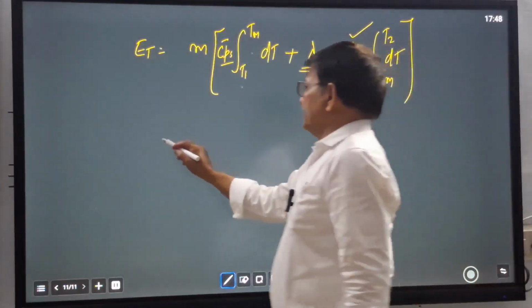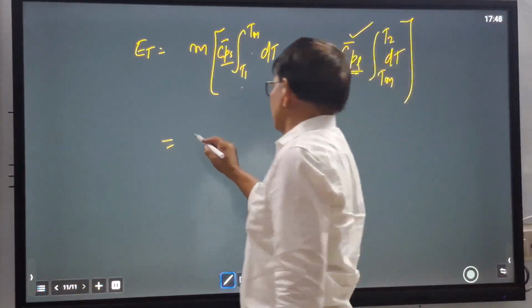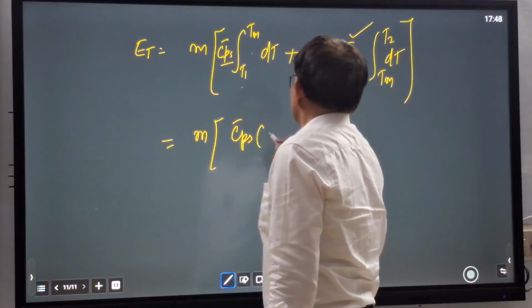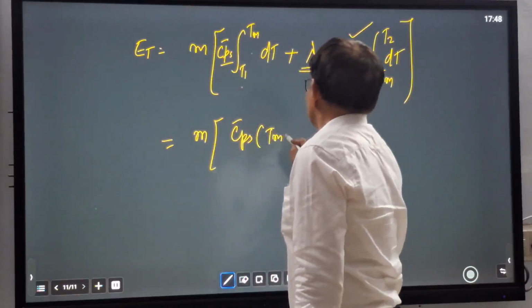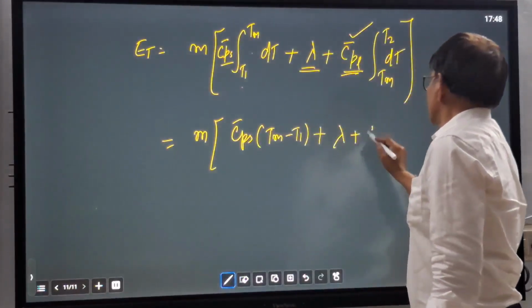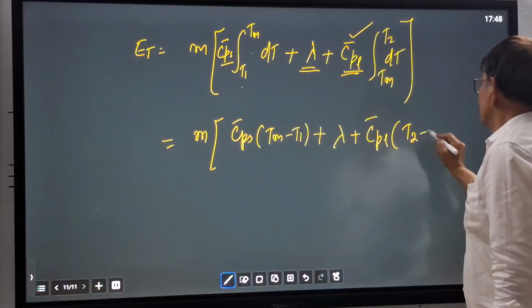Simply, if the temperature rise is finite, we can write this equation: m times Cps (Tm minus T1) plus lambda plus Cpl (T2 minus Tm).